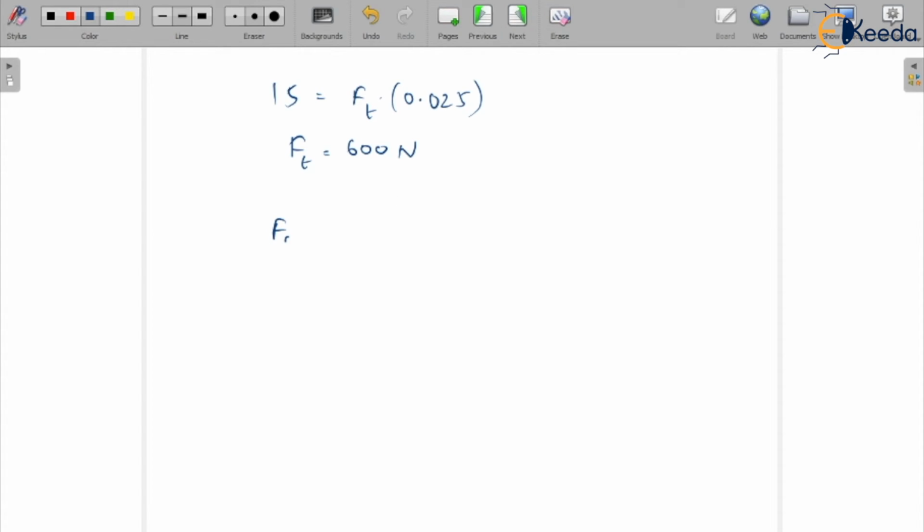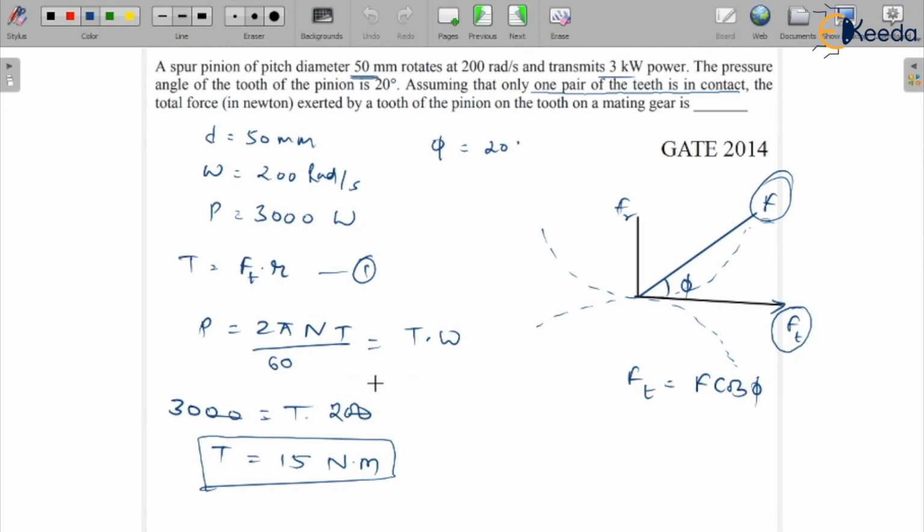So Ft is equal to F cos phi, and phi is 20 degree. So 600 is equal to F cos of 20 degree. So you will get the value of total force, that is 638.5 Newton. It's the final answer of this question.